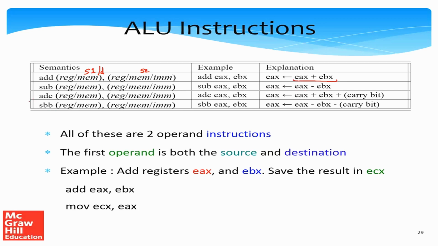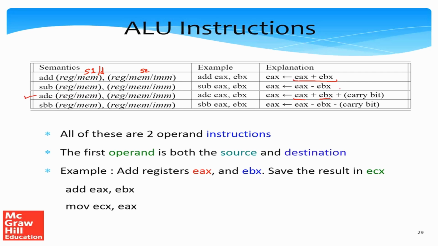Similar to ARM, recall that we had two instructions where we were able to add with a carry or subtract with a borrow. So x86 is very similar. It also has the ADC instruction. The ADC instruction, ADC EAX EBX, will first add EAX plus EBX, then add the value of the carry bit. This is just to ensure that we can add very large numbers, even if they don't fit within a register.